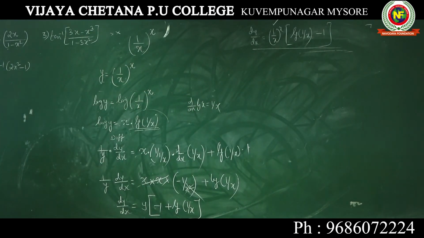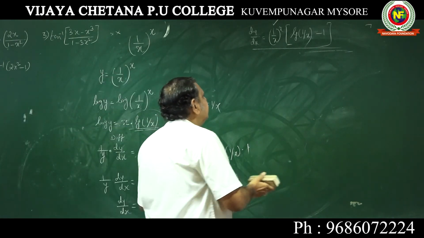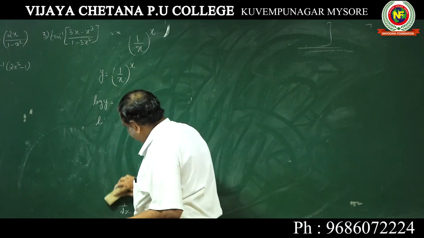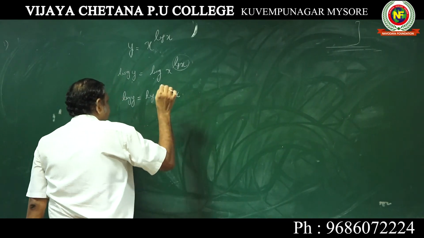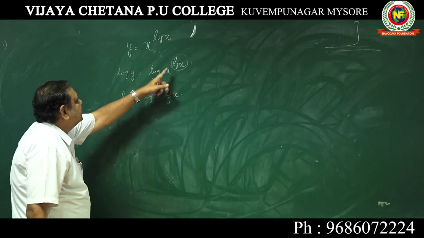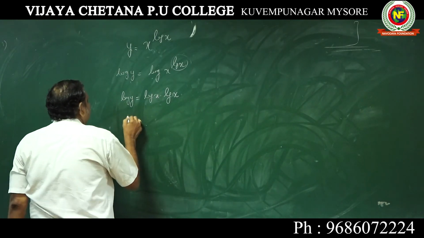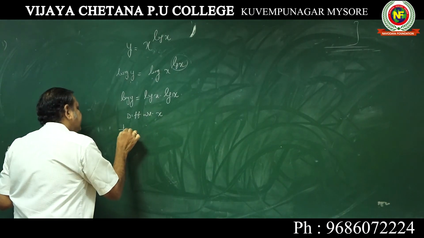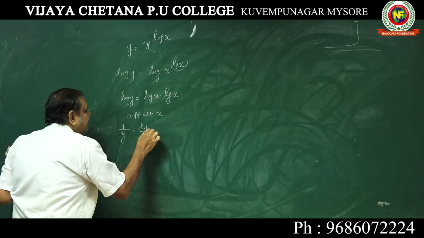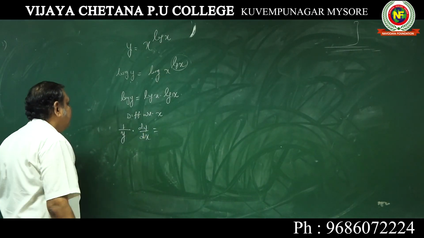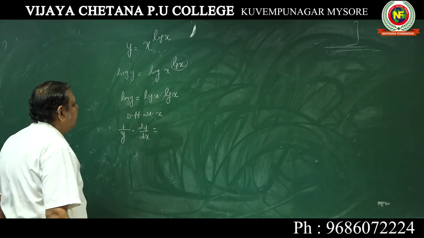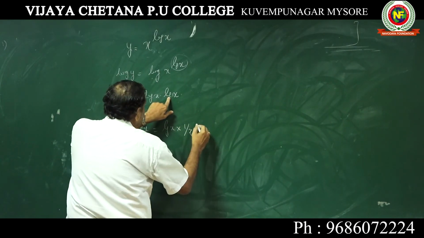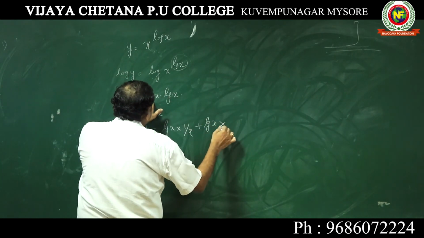The last problem I will do, and then we shall take it up next class. y equals x to the power of log x. Taking logs, log y is equal to log x into log x. Differentiate with respect to x. The left side is 1 by y dy by dx, which is always a replacement function. Now product rule: log x into differentiation of log x, 1 by x, plus log x into differentiation of log x, 1 by x.